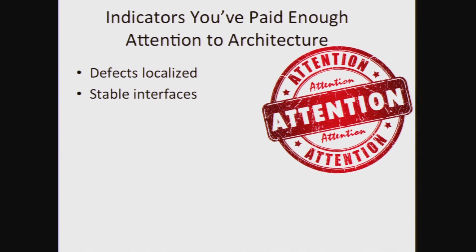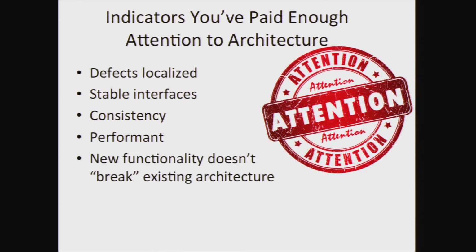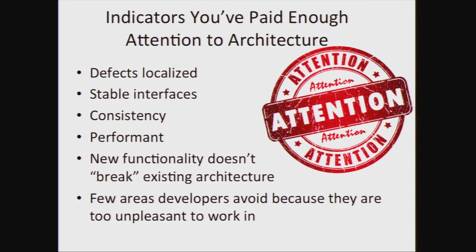The insides can change, but the interfaces stay. That there are consistent ways of doing things, that it performs in all the ways that you need. You add new functionality and it doesn't break the existing architecture. And this is one I like, do developers have a lot of stinky piles of whatever that they don't like to go to? Then you've kind of failed as an architect.